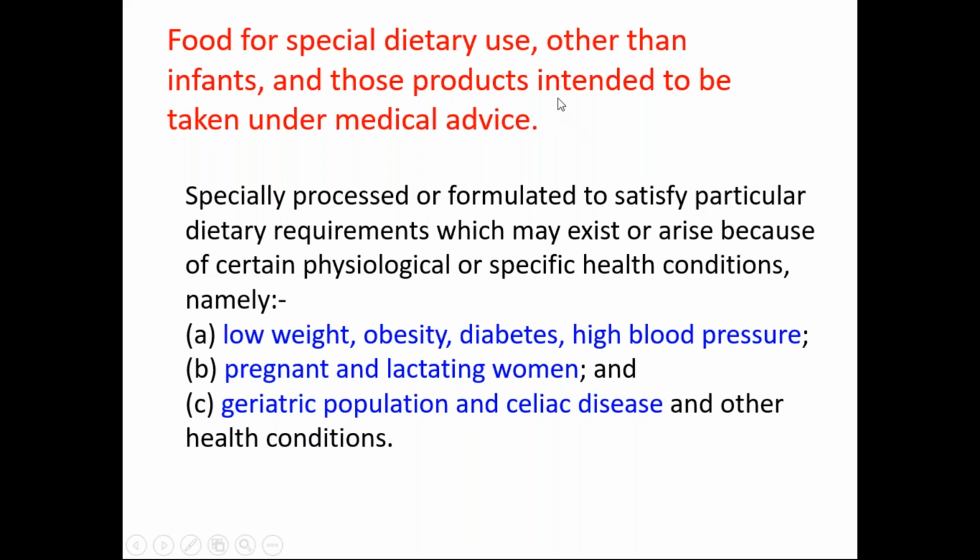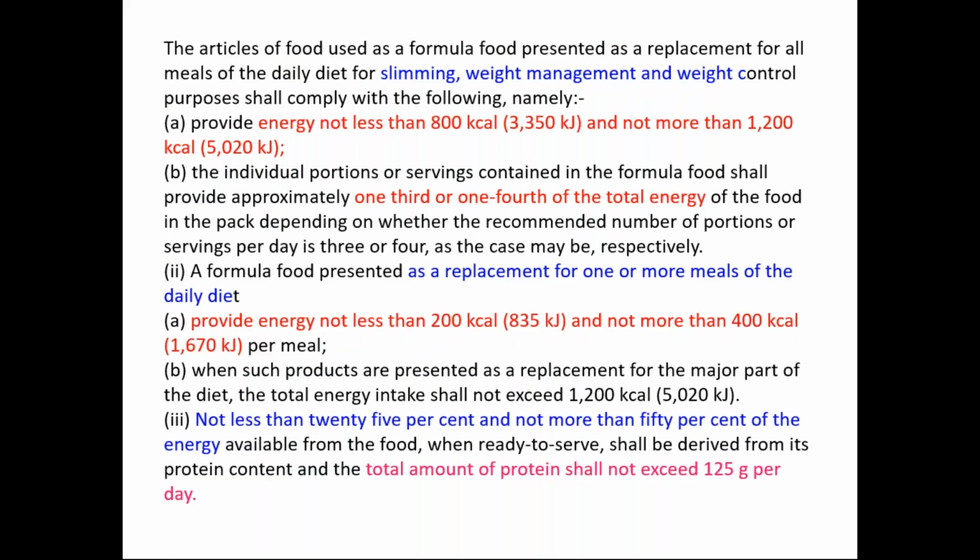They are not over the counter or freely available in the grocery store. So it is under the supervision of a medical doctor that these foods are prescribed. So again, for these foods, there are standards.